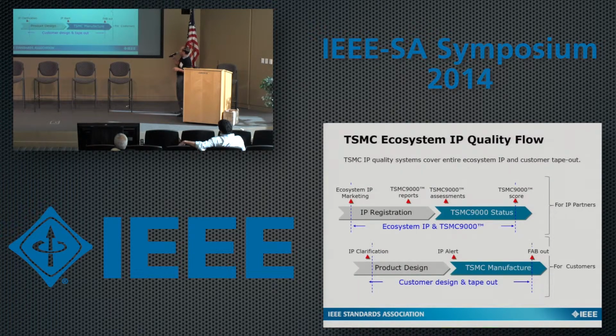From the flow perspective, as a top part, the IP partner, when they start working with us, certainly works with our ecosystem IP marketing first and says, hey, I have this IP, there are a number of customers interested in it, and they're going to put it on an SoC in the next node. I want to work with you to pre-qualify this IP before the customer actually uses it in their design.